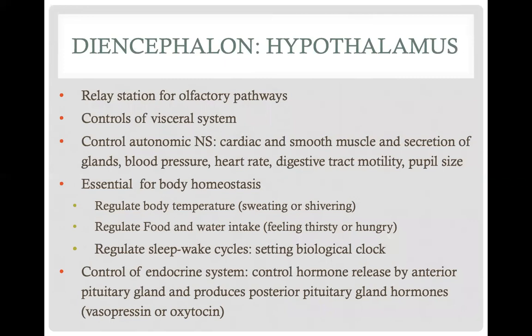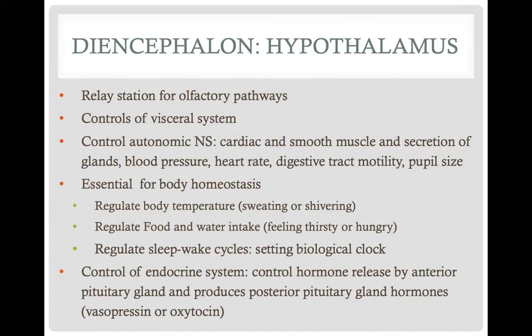What are some of the functions of the hypothalamus? It is, as I mentioned, a relay station for your sense of smell, or olfactory sense. It is also controlling a significant function of your autonomic nervous system, which is basically the fight or flight or rest and digest system.